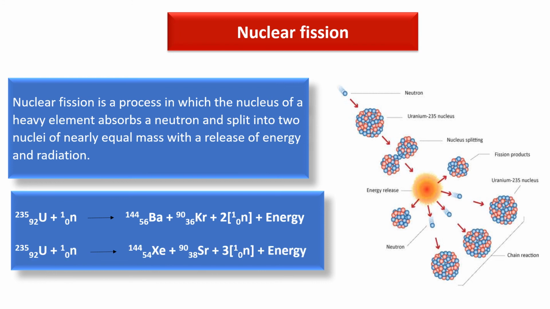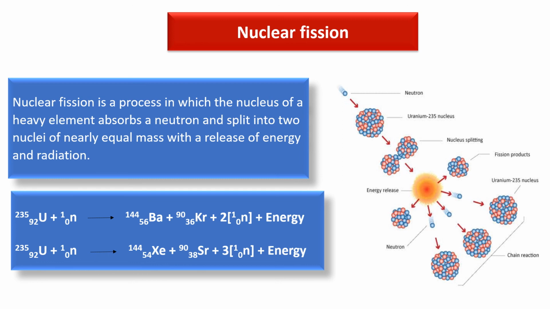We also have another example. Uranium 235 with atomic number of 92, after absorbing 1 mole of neutron, produces 2 other atoms and 3 moles of neutron with the release of energy. Now, when a single atom absorbs neutron and then splits to form 2 other atoms at the end and with the release of energy, such reaction is what is called nuclear fission.